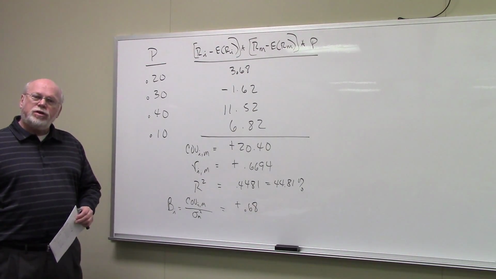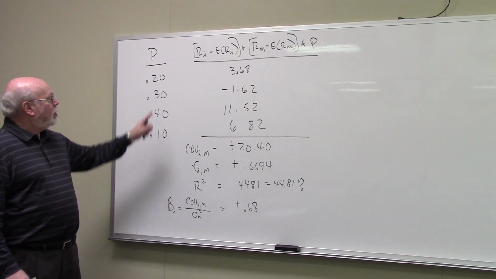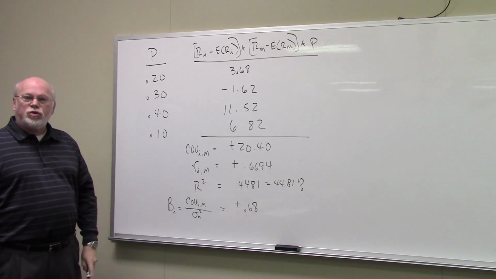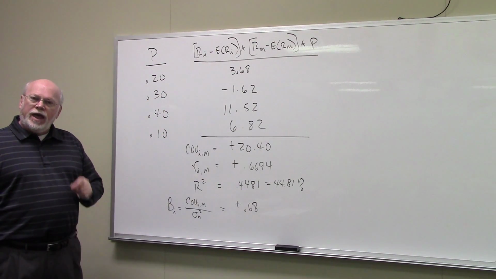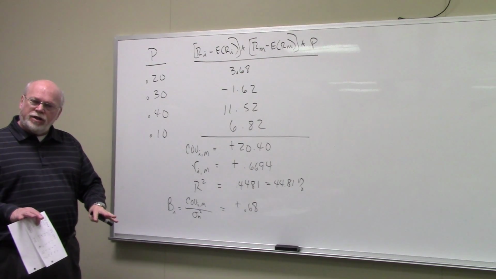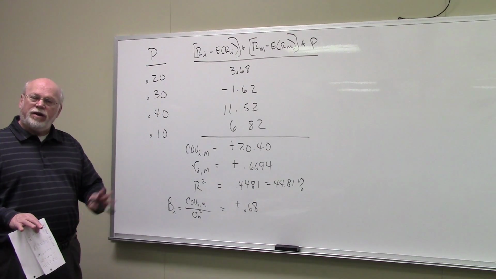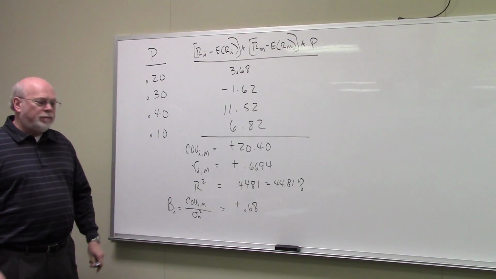Negative 9.2 times negative 2 multiplied by their probability of occurrence, 0.20, gave us 3.68. Note they were both on the downside of their mean. These are both negative deviations, but a negative times a negative gives you a positive number.